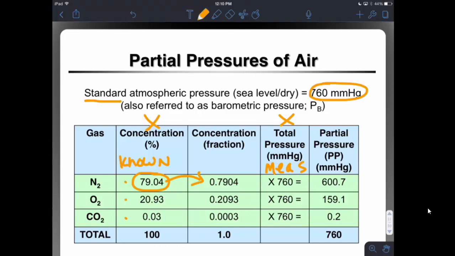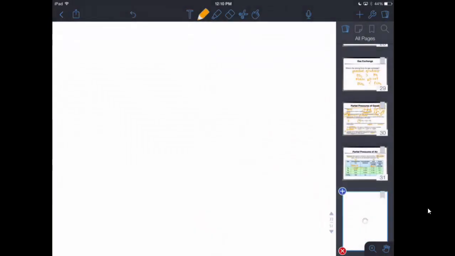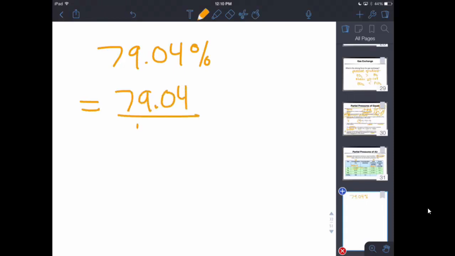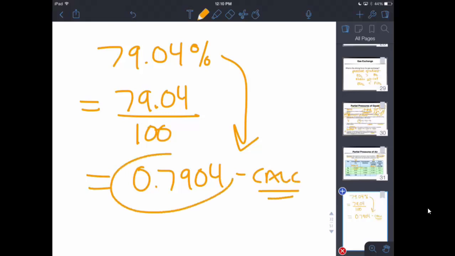Let me show you what I mean by that. 79.04% basically means 79.04 out of 100, and if you do the math there, it's 0.7904. So these are equivalent, but if you're going to do a calculation, you need to use the fraction, not the percent.